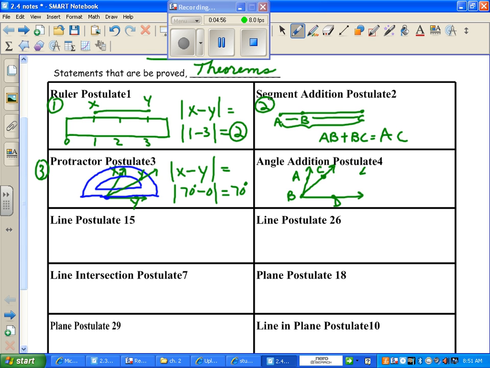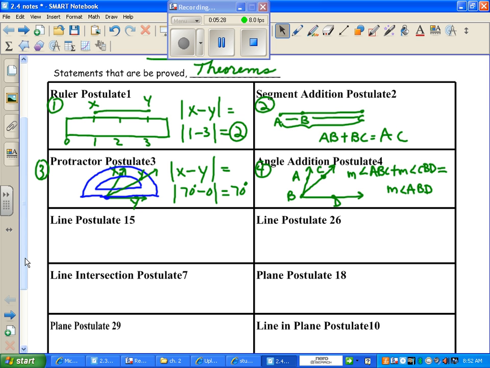So if I took the measure of angle ABC plus the measure of angle CBD, that would equal the measure of the complete full angle ABD. So if you add the two measures up, you get the big angle. Alright, those are all reviews. That would be postulate number 4.